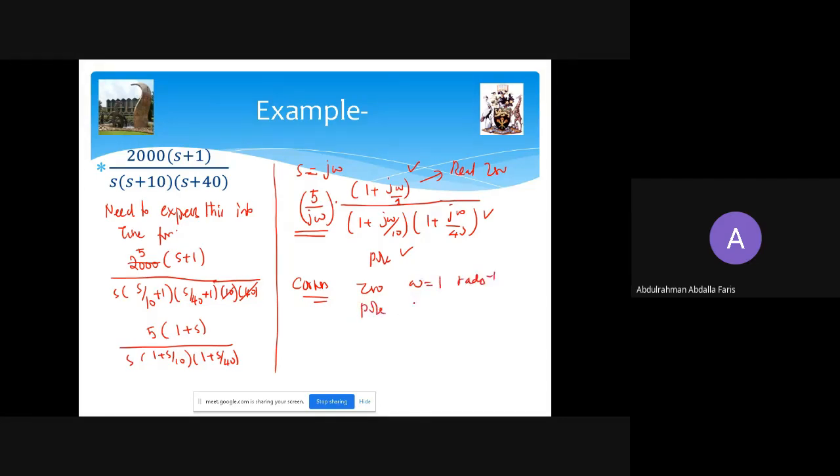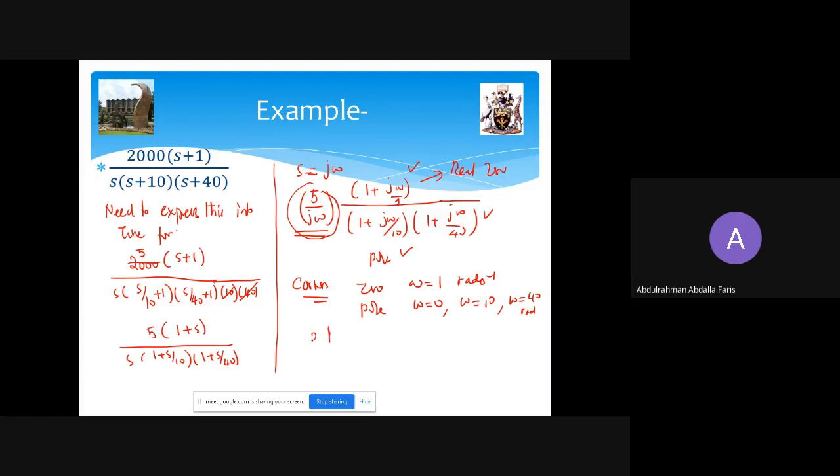And for the poles, we have this: omega is 10 here, and there, omega is 40. So these are the corner frequencies for zeros and for poles.